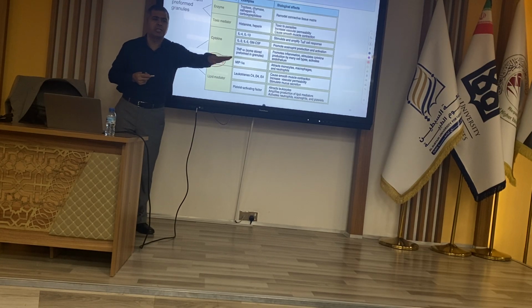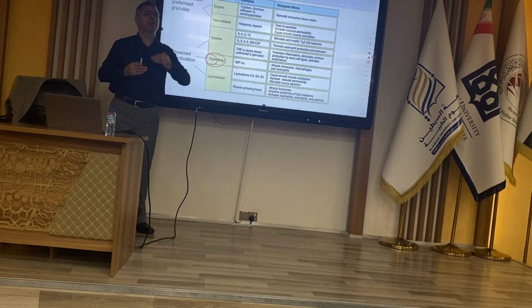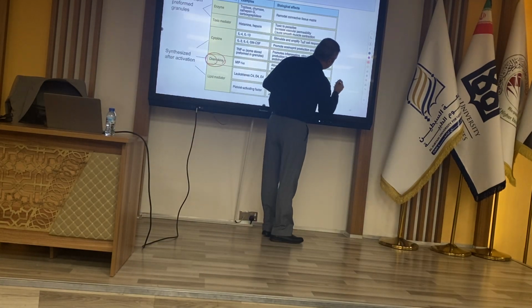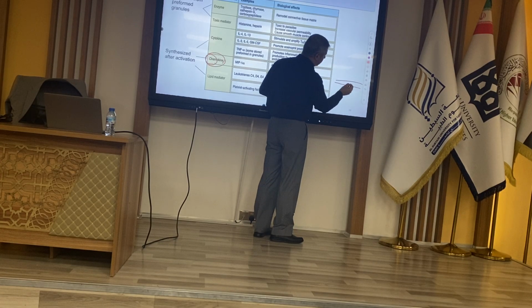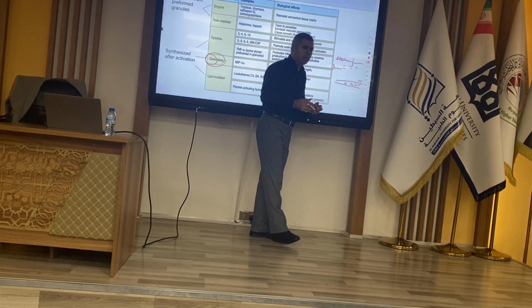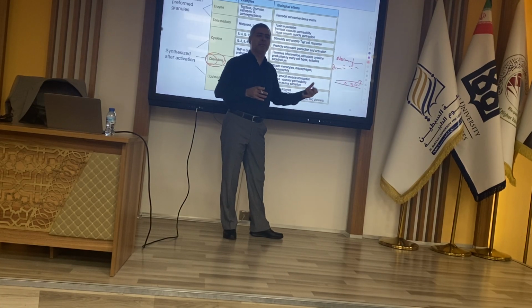Chemotaxis means migration, moving of cells from, for example, the blood to the site of inflammation. Do you remember? In inflammation, this is the blood vessel, cells are here, and here, for example, it's the skin. If we have bacteria here, we will have inflammation. As a result of inflammation, we have calling of the cells to the site of infection.